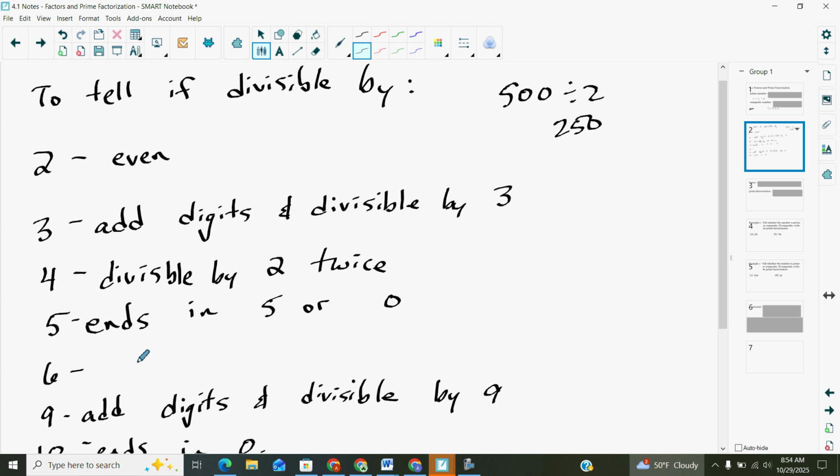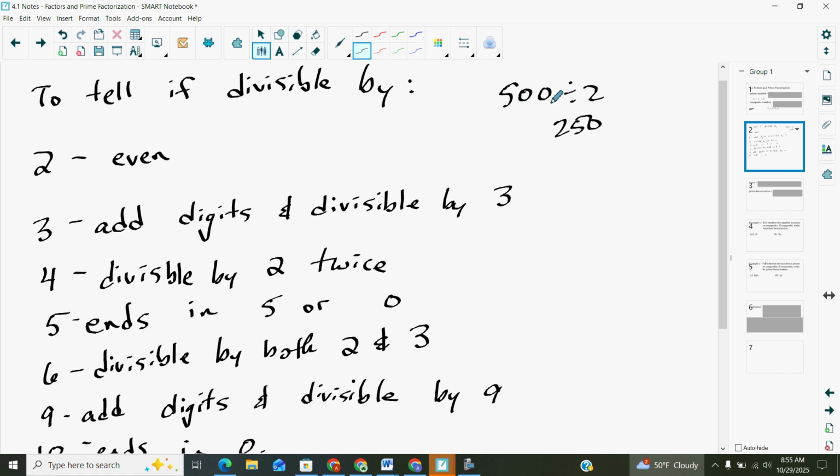And 6 is 2 times 3. So you would check to see if it's divisible by both 2 and 3. So like 500, it's even. So it's divisible by 2.